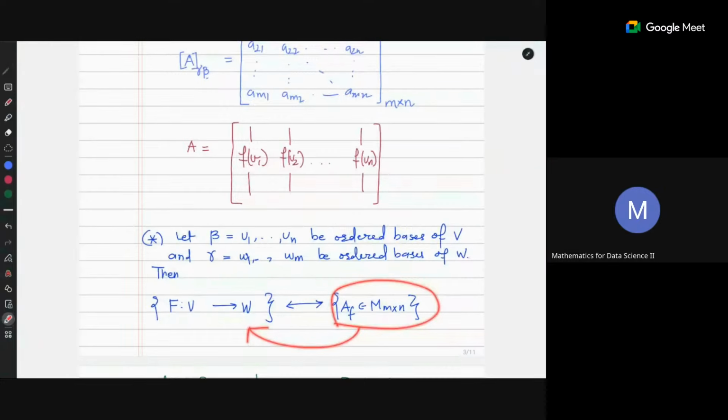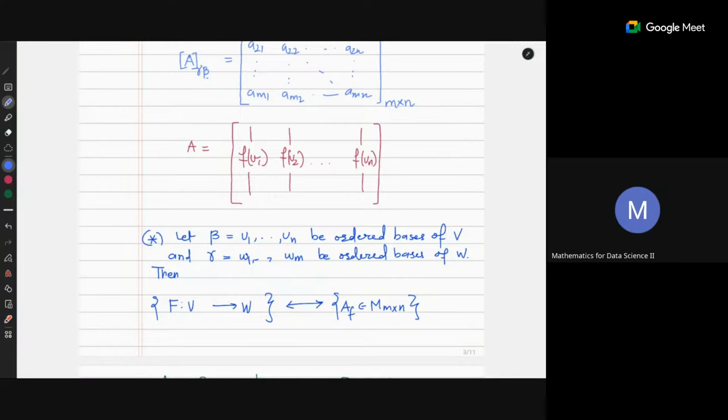We have already seen that, given a matrix A, you can define the multiplication of A with a vector. This gives you the linear transformation. Okay, we can define a transformation like this.